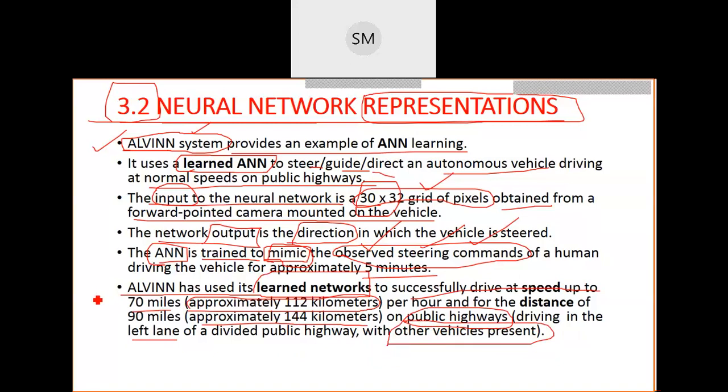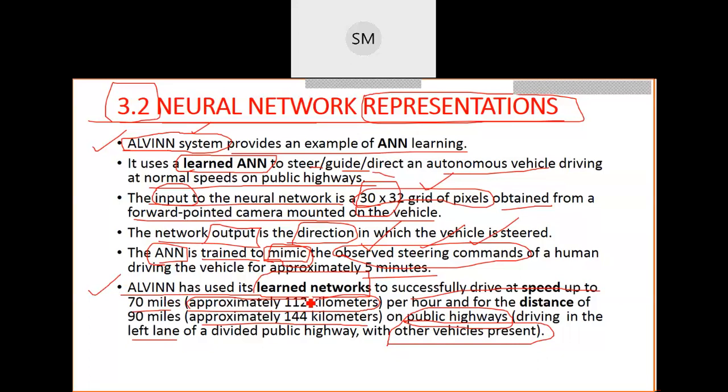Which system is it? It is a highway system. And how has it been driving the car? Based on observations of the steering commands of a human driver. And from where is it getting the input? It is getting the input from the camera, in the form of pixels. How many pixels? 30 into 32; you multiply it and get some value.